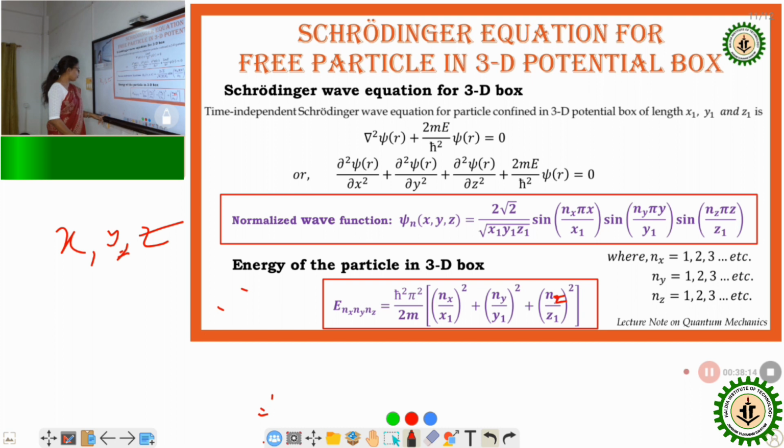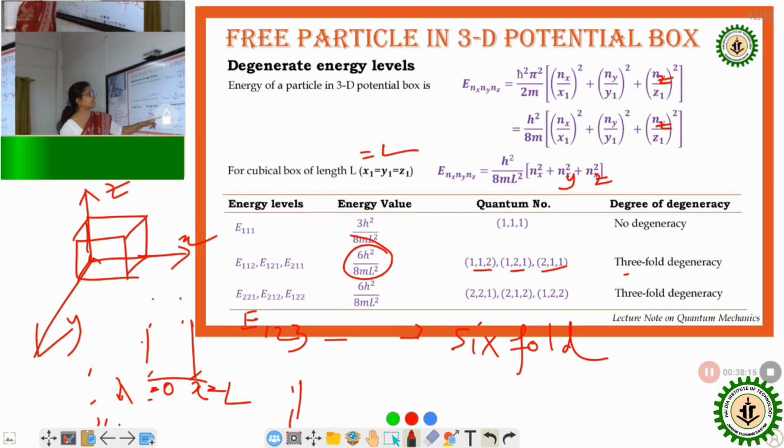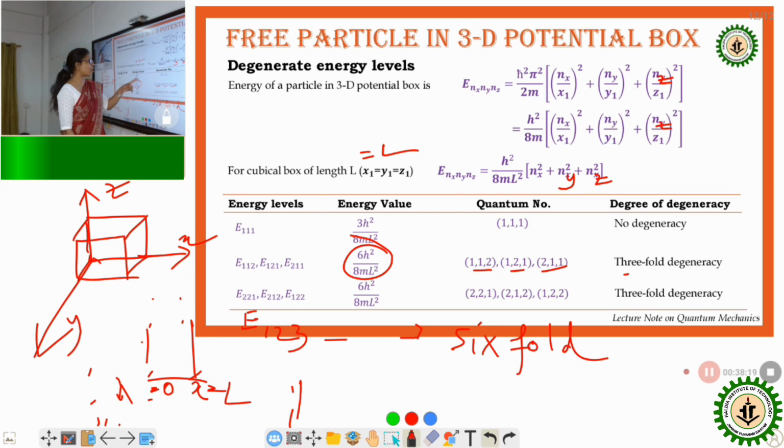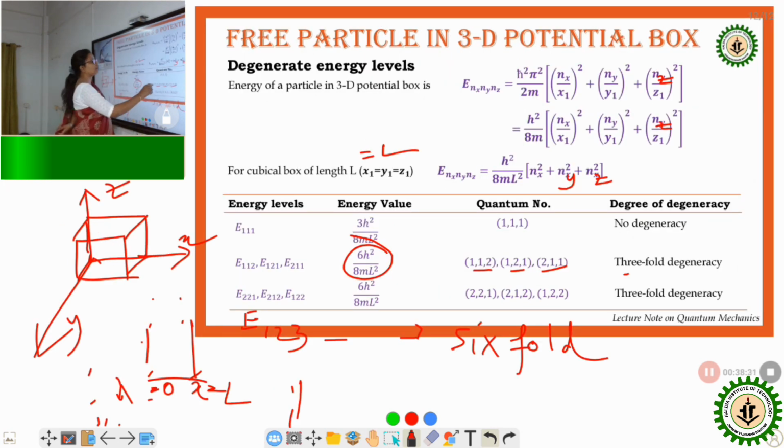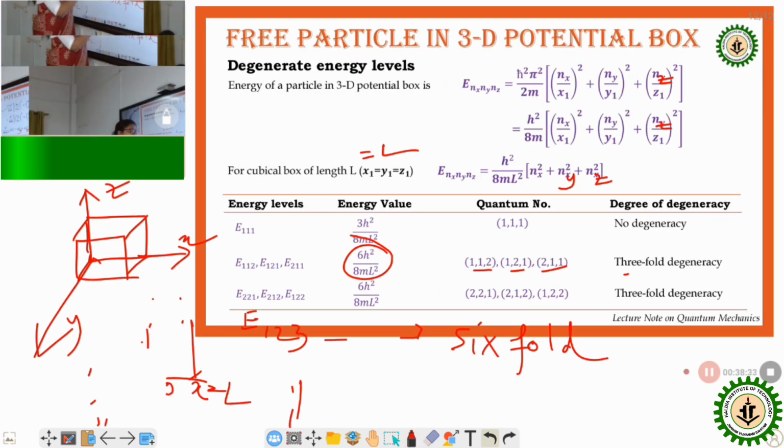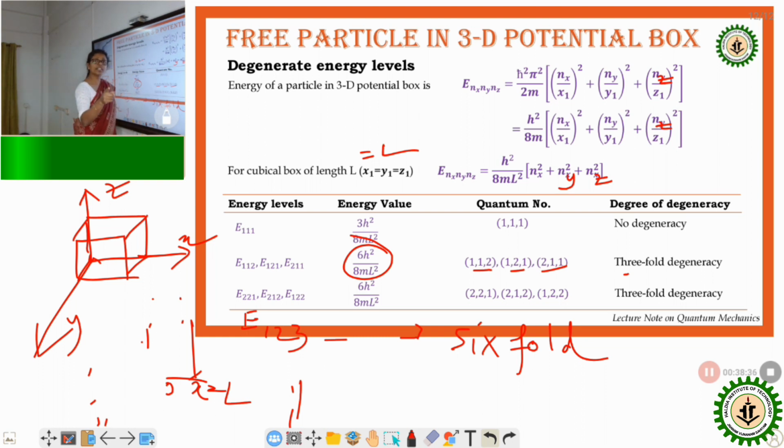Though you are getting the threefold degeneracy of the energy for the combinations of 1, 1, 2, the wave function is different for each case. For 1, 1, 2 the wave function is different from 1, 2, 1, and for 2, 1, 1 the wave function is again different. For these three energy states, the wave functions are different, but the energy values will be same.